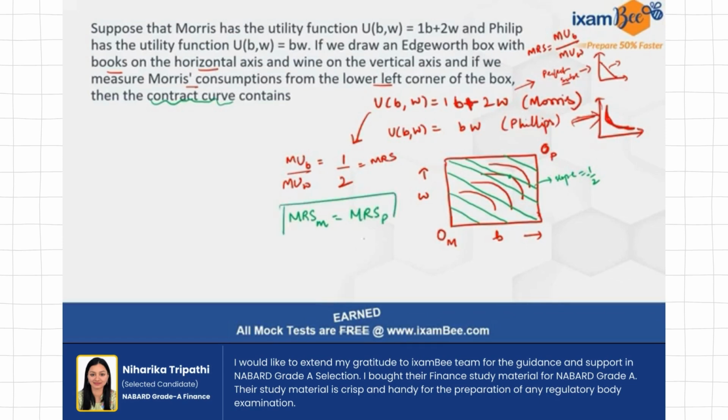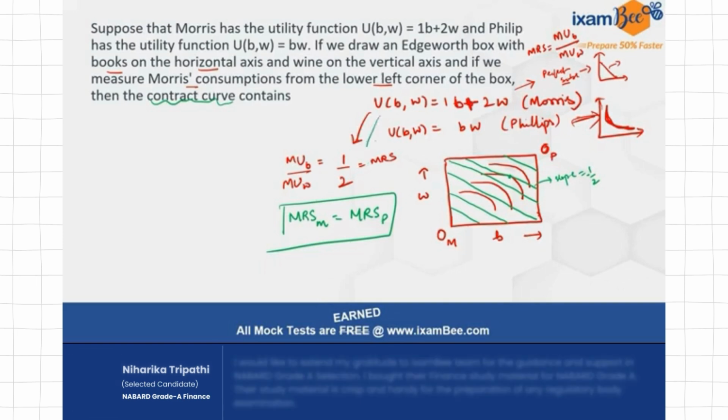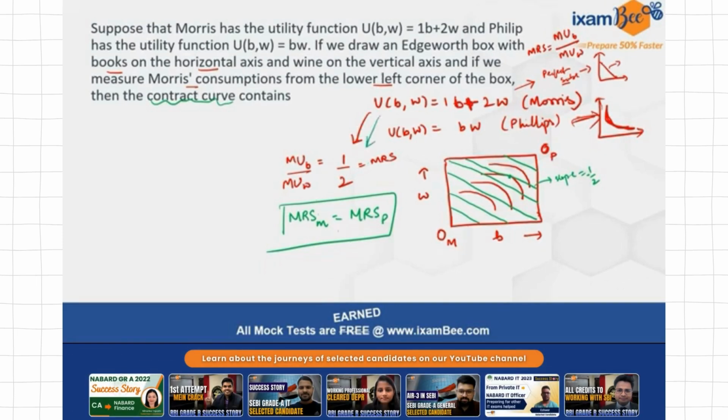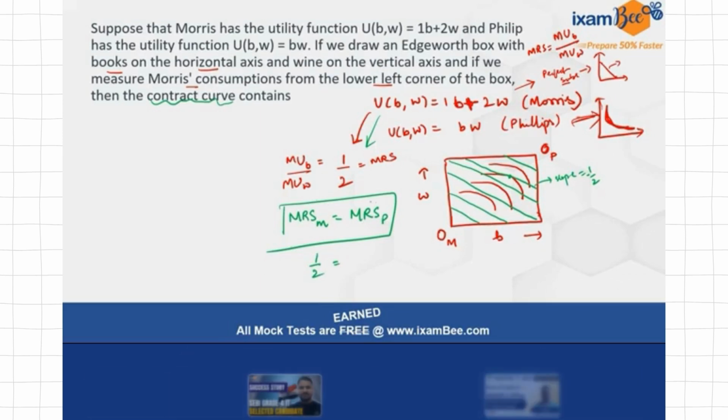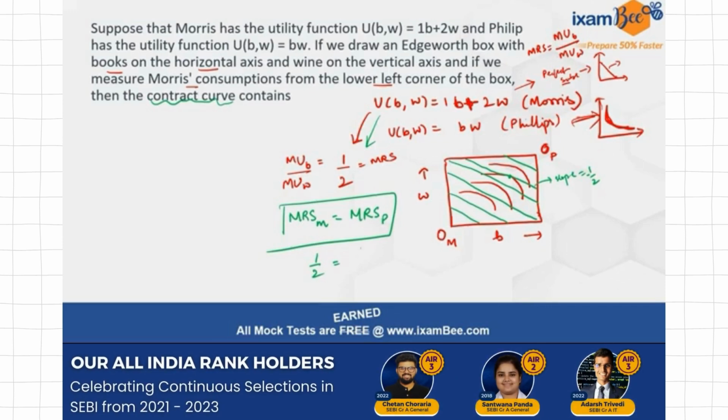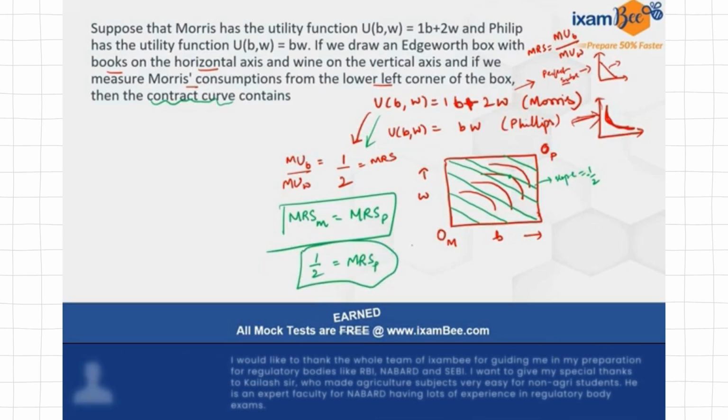This is the condition for tangency. We've already found the MRS for Phillips, it's half, and we have already found the MRS for Morris, which is half. So the MRS for Phillips should equal half, right? This is the tangency condition.